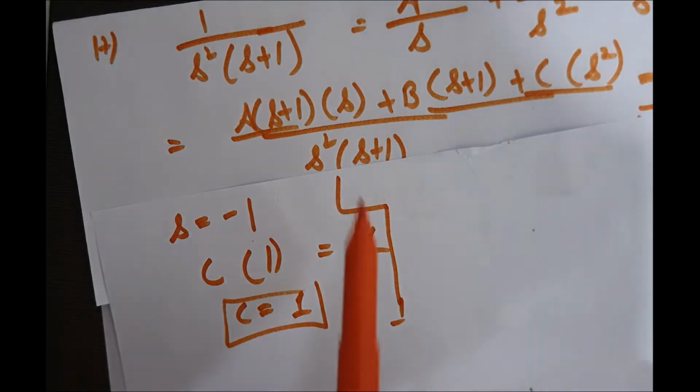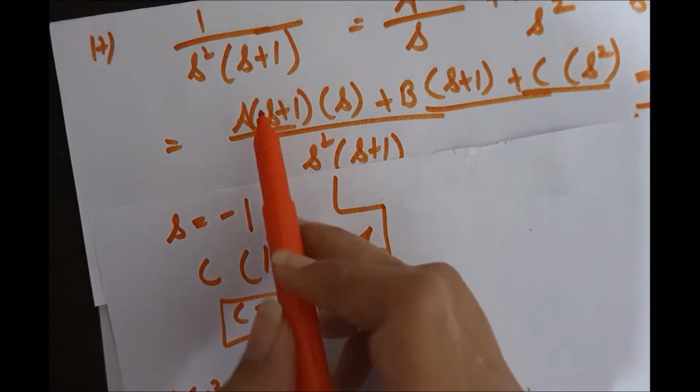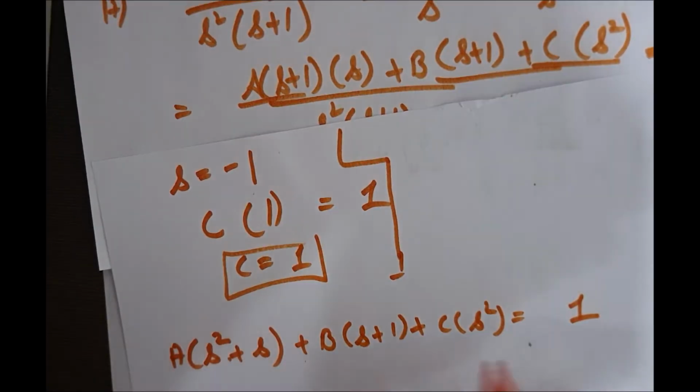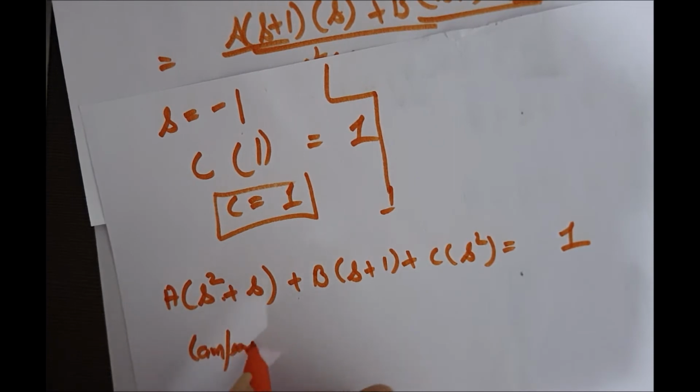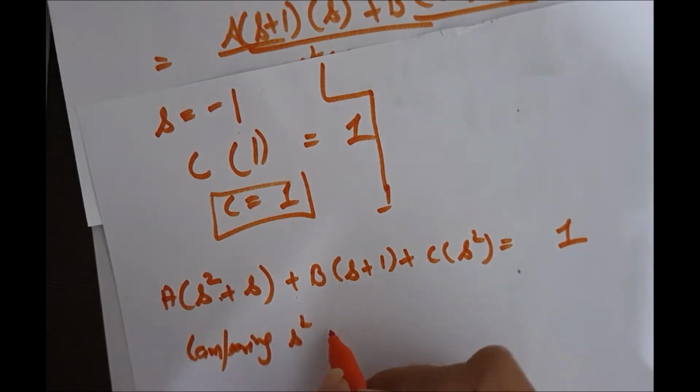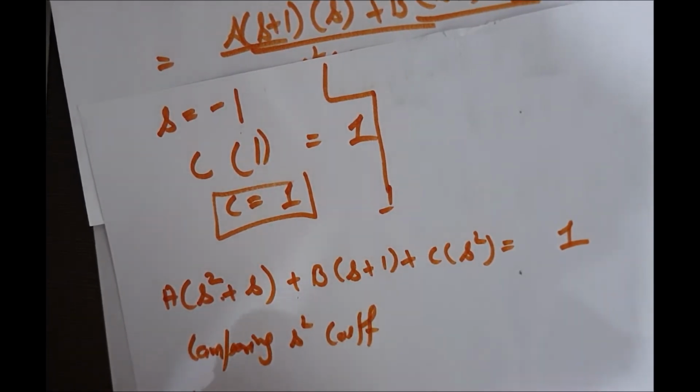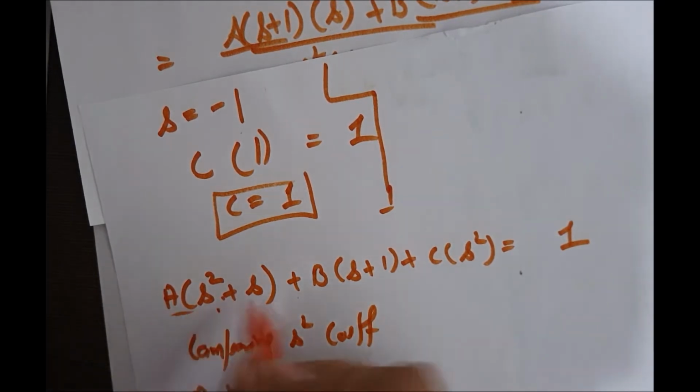Now to find the values of a and b, compare coefficients. I multiplied this. Now compare s square coefficients: a plus c is equal to 0.